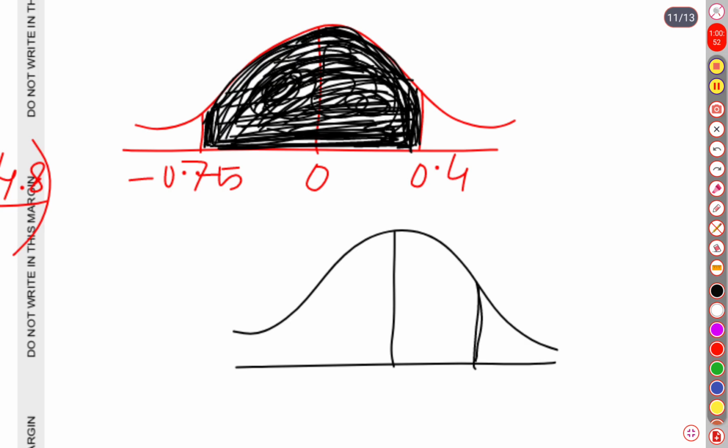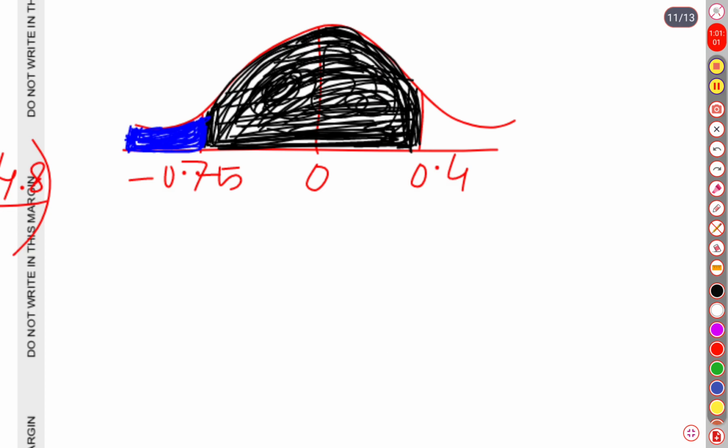So the easy step we can follow is, if we find the probability of the whole of this when the z score is 0.469, and from the whole of this we subtract that blue part, then we will get our required dark shaded region as the probability.